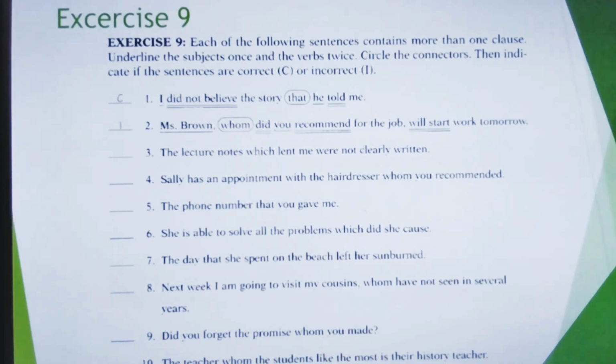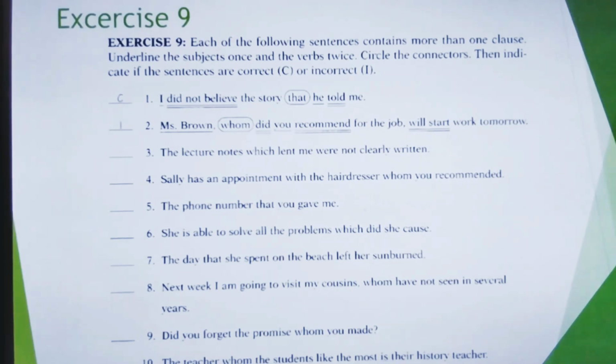Okay, and the last one is the teacher whom the students like the most is their history teacher. So the subject here is followed with connectors, followed with dependent subject, and also verb. And this is the main verb.